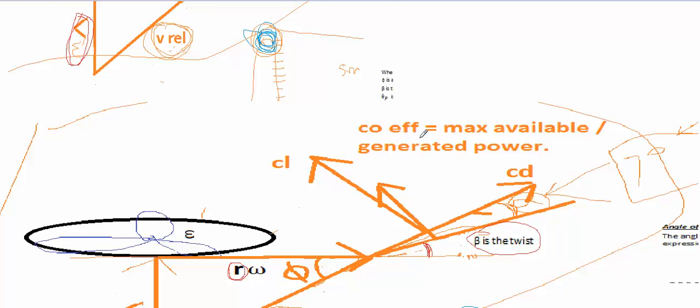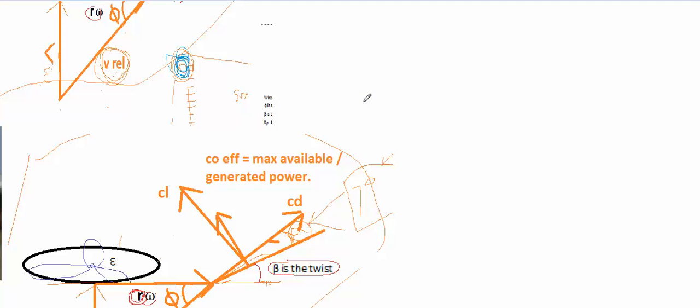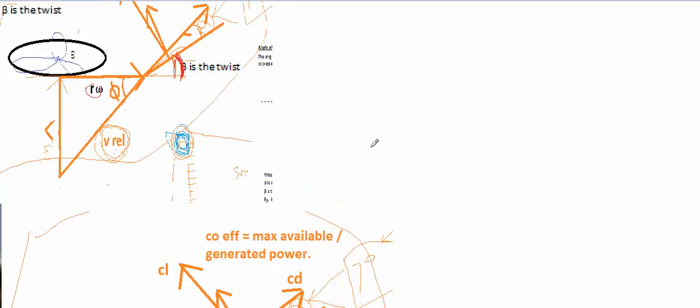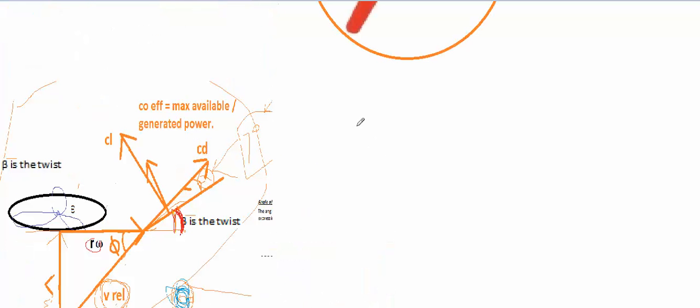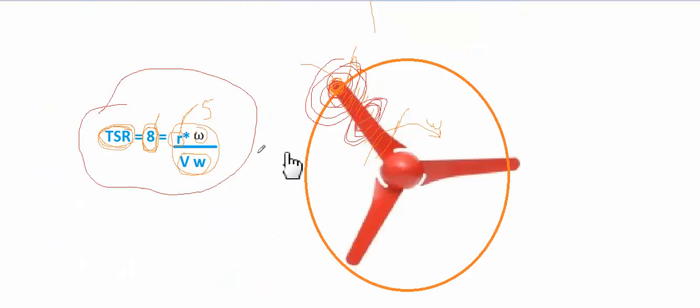Now say for example, we decide that we want to design a wind turbine which should have a tip speed ratio of 8 right over here. That means we know that the tip of the element, the final element of the blade, this element right over here, has to have the tip speed ratio of 8.